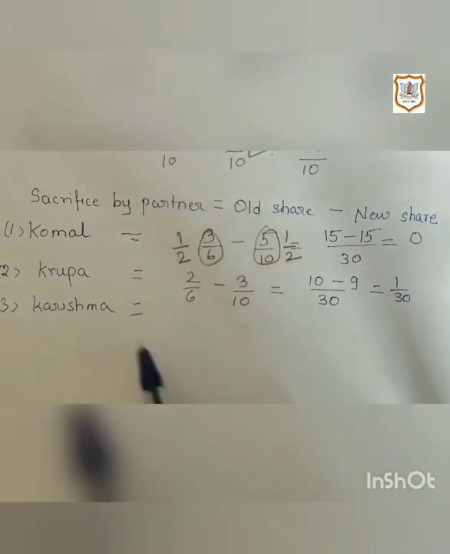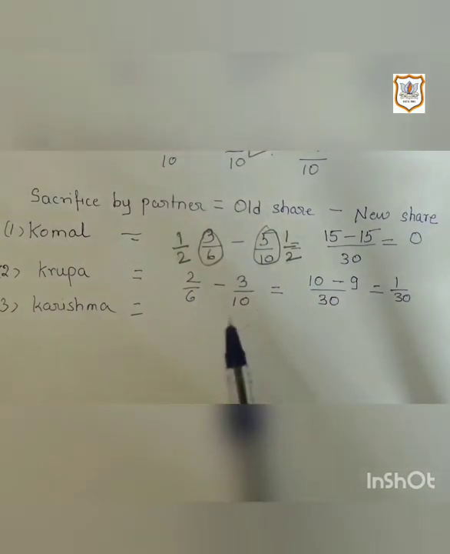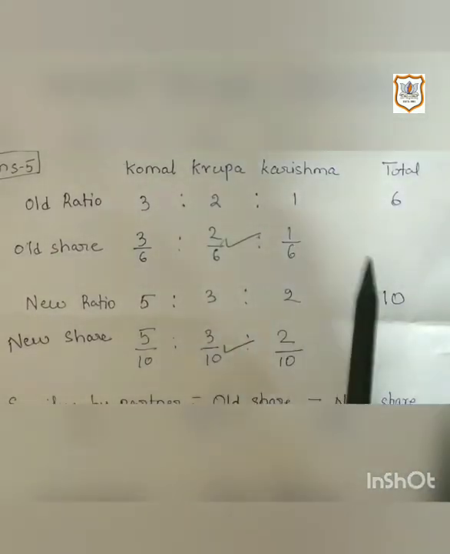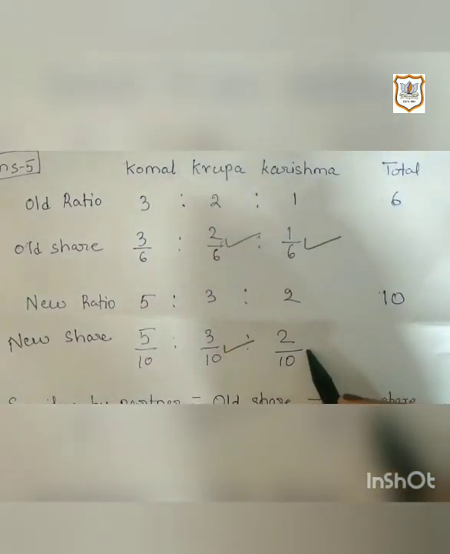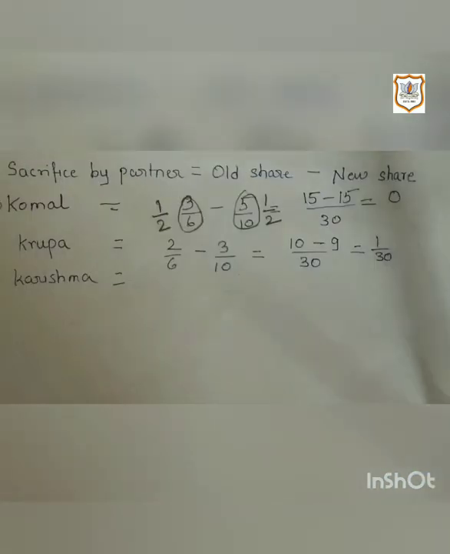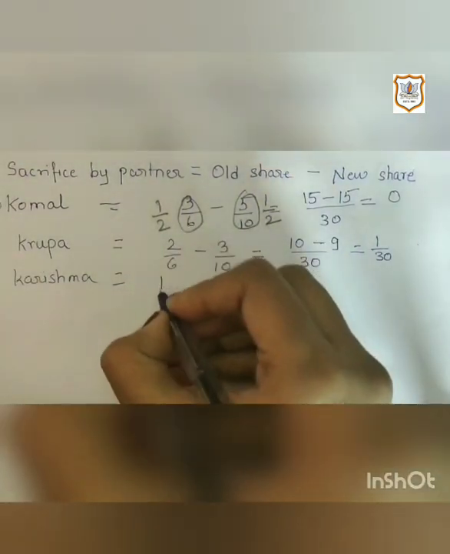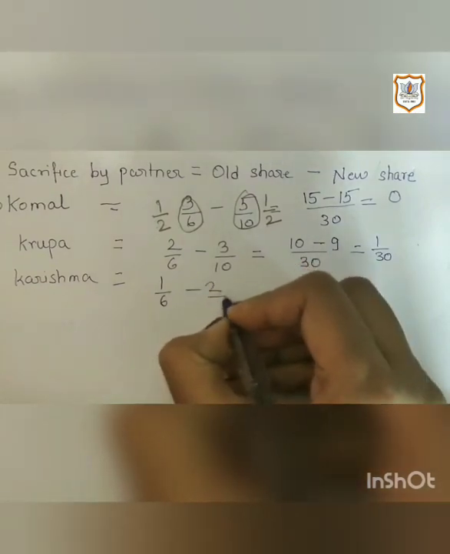Now let us see how much Karishma is sacrificing. For that also we need to know her old share and new share. So Karishma's old share was 1 by 6 and her new share is 2 by 10. So let's substitute the values: 1 by 6, her old share, minus 2 by 10.